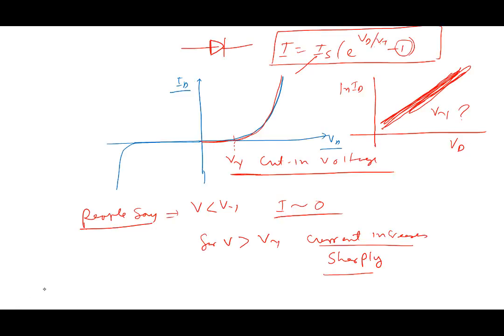So don't get fooled by the concept of cut-in voltage. The diode has an exponential characteristic. That's it. I equals Is e to the power Vd by Vt, minus 1.